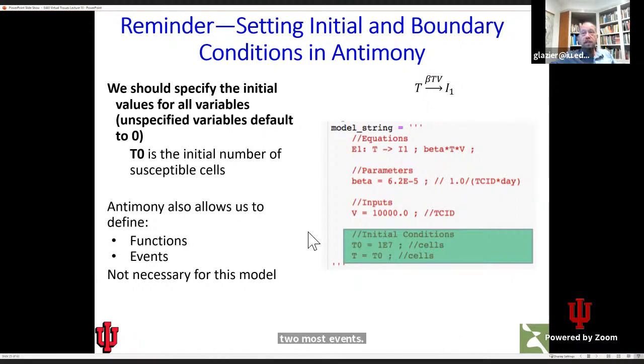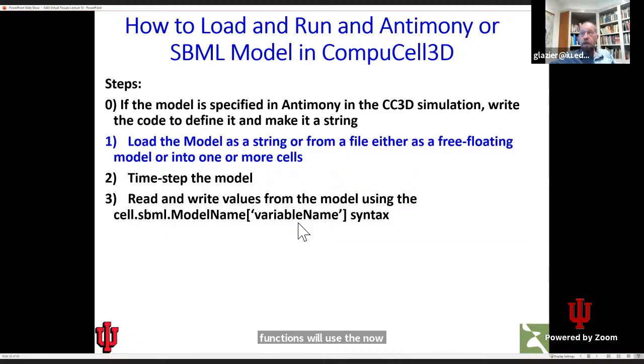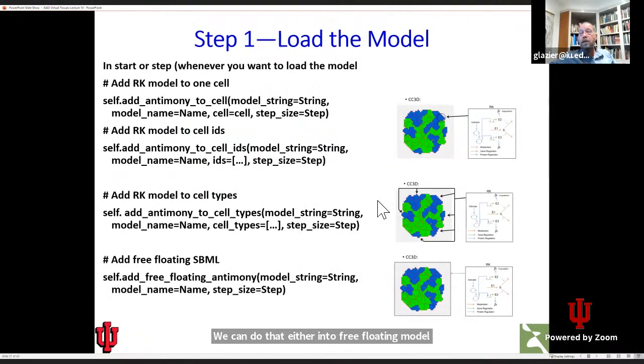The next thing we do is load the model as a string. We can do that either into a free-floating model or into one or more cells. I showed these pictures before. There are two kinds of commands that allow me to load an antimony model into a particular cell.